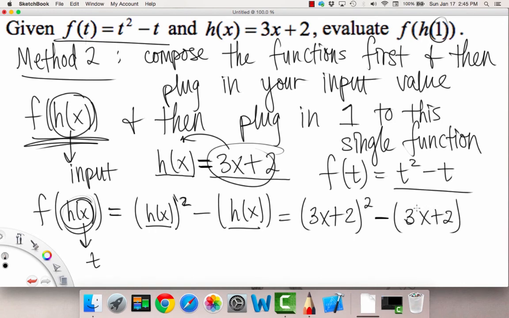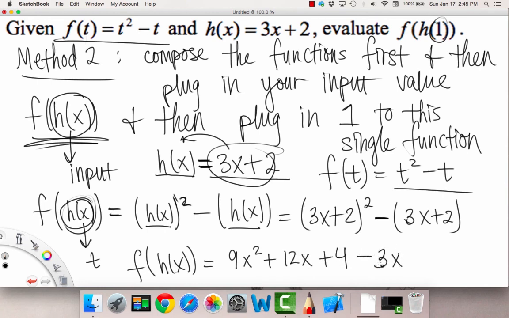Alrighty? So now all we have to do is simplify the right-hand side to get an actual formula in terms of a variable for f of h of x, which again is a composition of functions. If we simplify this, we basically just get 9x squared plus 6x, so plus 12x plus a 4. And then minus, we're going to distribute that negative sign.